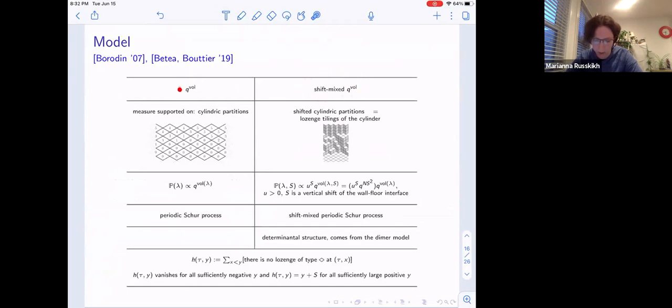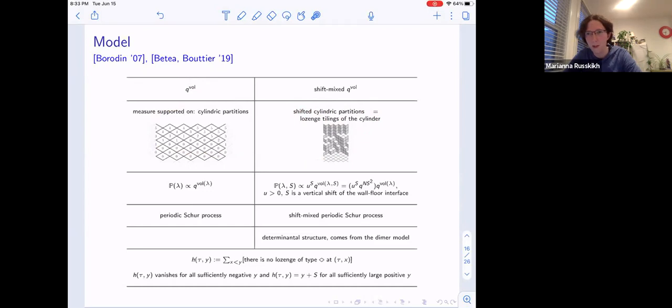The q to the volume measure is supported on cylindric partitions. And here we want to consider a probability measure on this full set of lozenge tilings with those sort of boundary conditions at infinity.